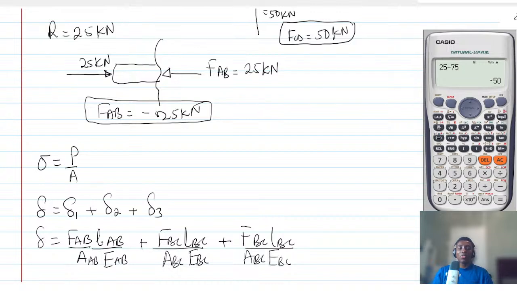For this question, we have solved the forces, but when you are given the lengths and the areas, you can calculate both the stress and the deflection in each bar.